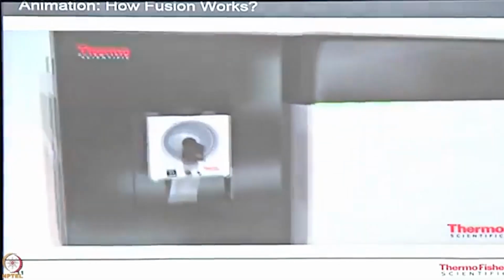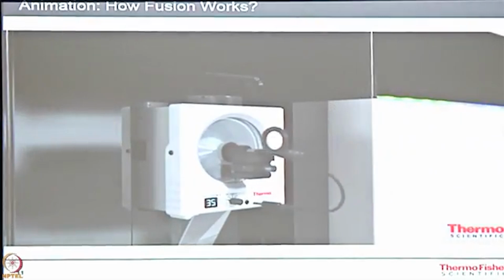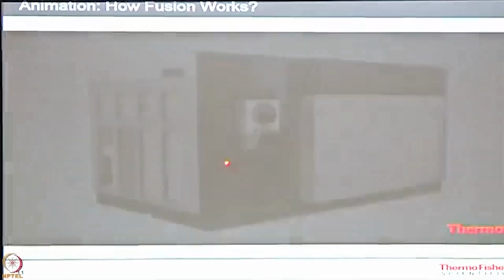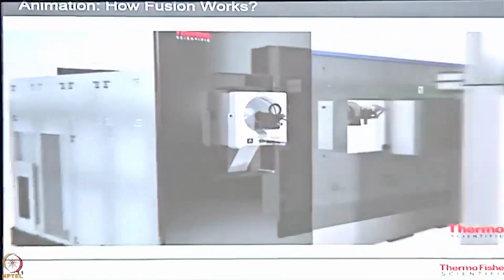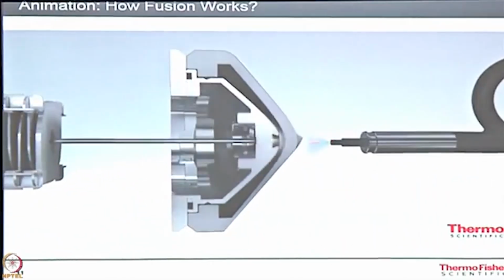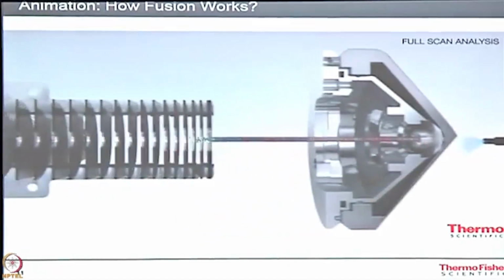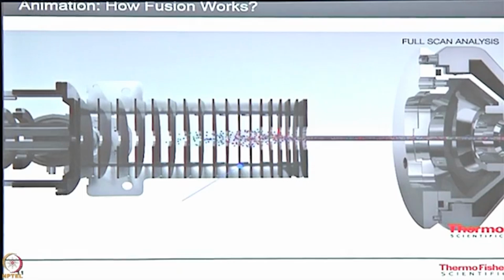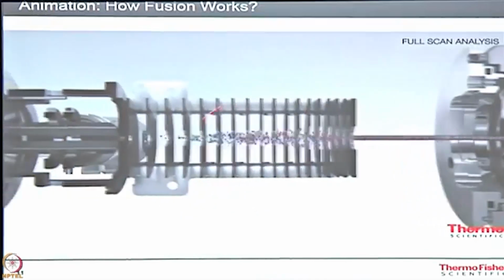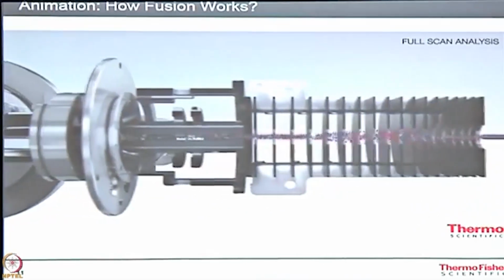Now we are doing the full MS1 first. Okay, so ions are generated here. They pass through the ion transfer capillary. After that, the ions try to spread out because all the ions are highly charged, so you need focusing. So it will focus.